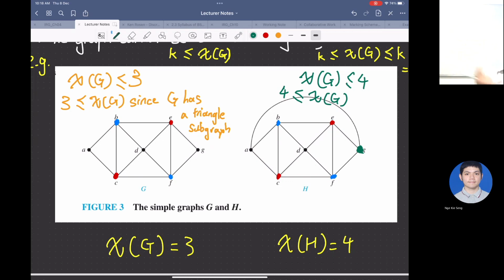If you remove one color, then you can see that there are 2 adjacent vertices which have the same color. Or is there any other way to see it? Let me see.